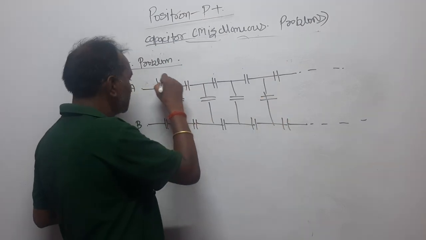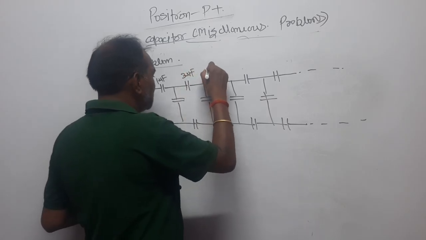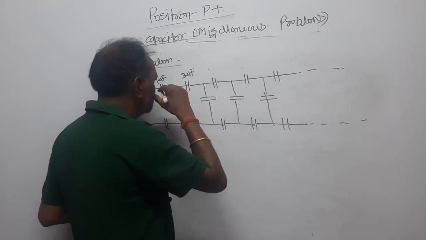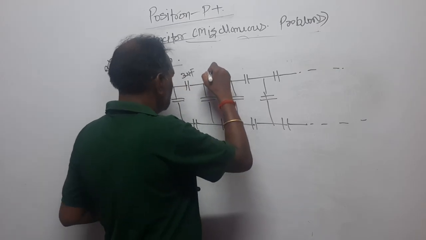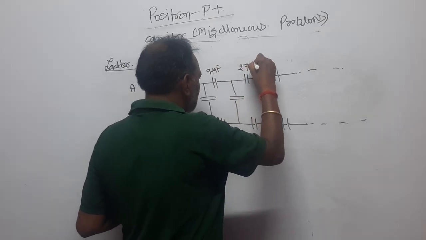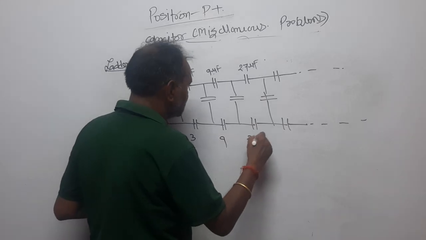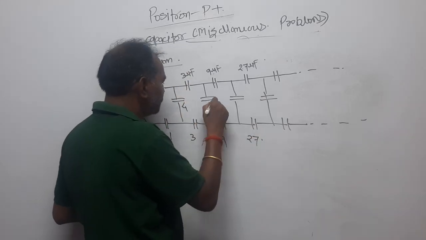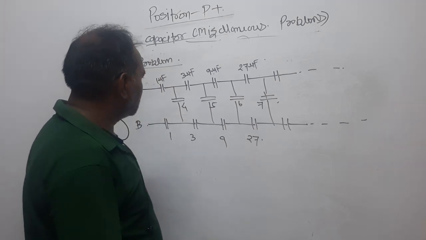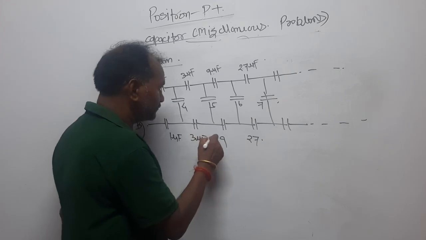Look here, this is 1 microfarad, 3 microfarad, 9 microfarad, 27 microfarad, and so on. This is 1, 3, 9, 27. Let it be 4, 5, 6, 7, whatever. Dear students, these are again in microfarad, obviously.